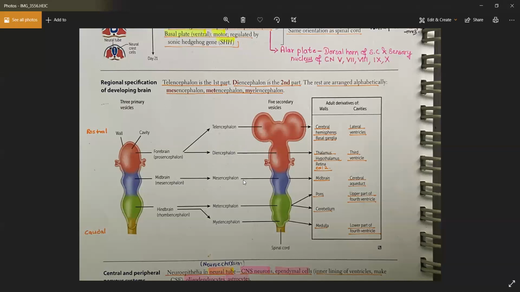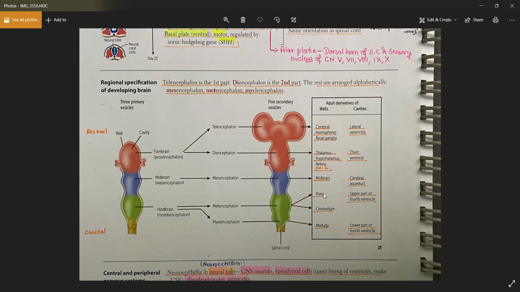Then you have the mesencephalon, which is the midbrain, and it forms the midbrain, of course. And the cerebral aqueduct, which runs behind the midbrain, is also formed by the mesencephalon. Then you have the rhombencephalon, which is divided into two segments again, the metencephalon and the myelencephalon.